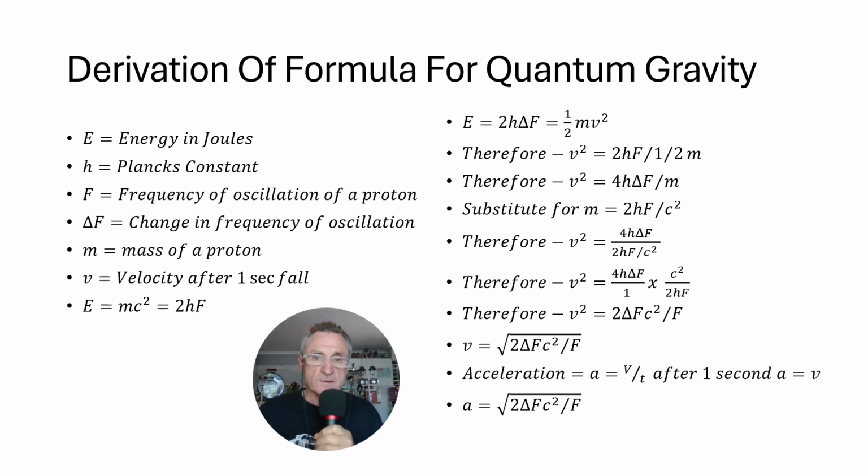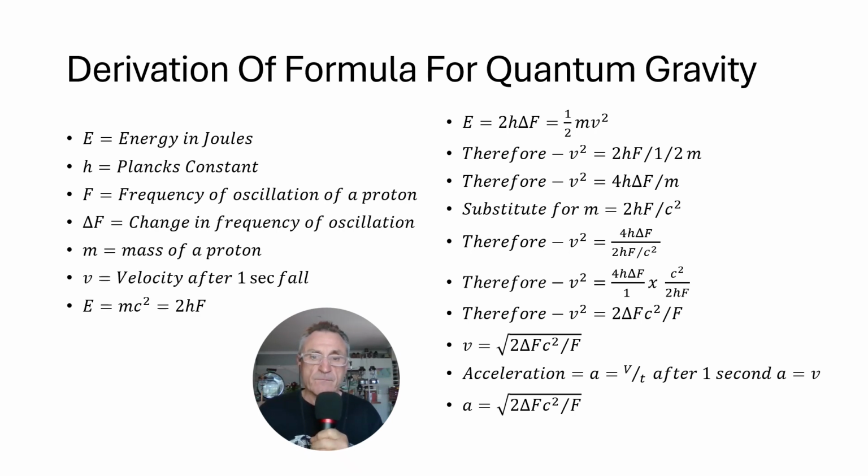Therefore, V squared is equal to 4h delta F over 2hf on c squared. Therefore, V squared is equal to 4h delta F on 1 times c squared on 2hf. Therefore, V squared is equal to 2 delta F c squared on F. V is equal to the square root of 2 delta F c squared on F.